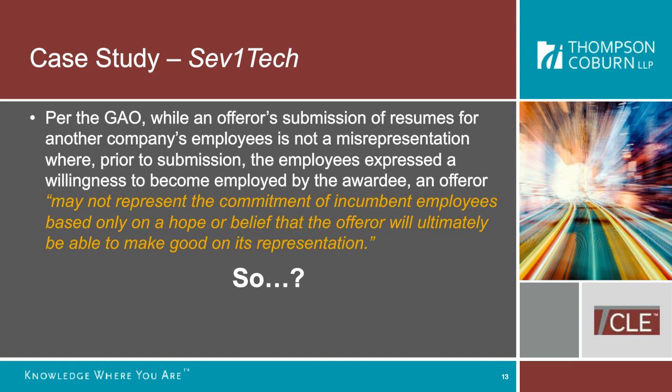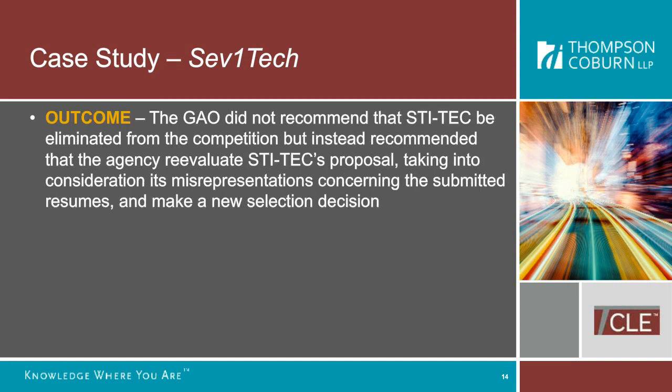So the outcome here at GAO in this case was that GAO didn't recommend that this company be eliminated from the competition, but instead recommended that the agency reevaluate STI Tech's proposal with the knowledge that it made these misrepresentations in its resumes. Now, we don't know how that case turned out, but I suspect that in the new source selection decision, STI Tech was not selected as the awardee.